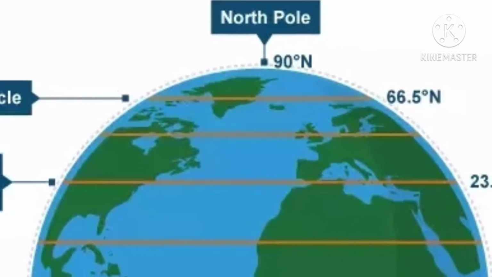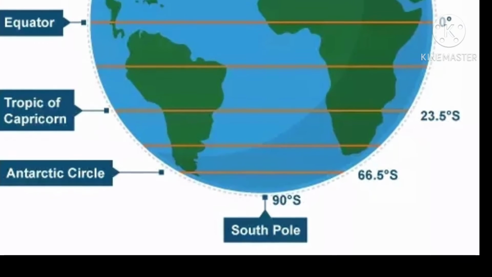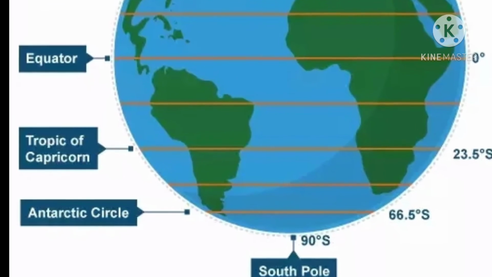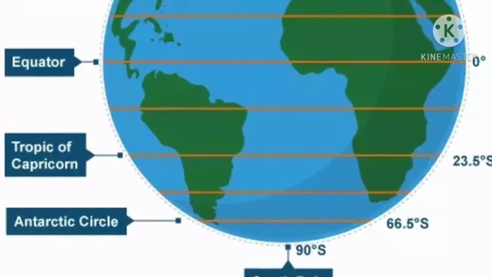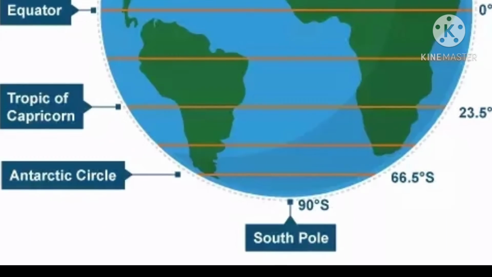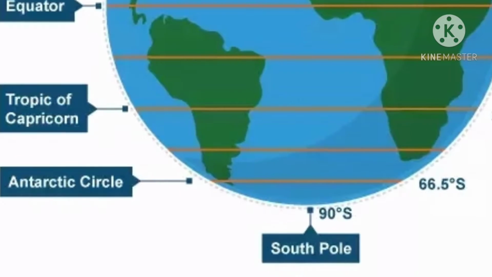At 90 degree north it is the North Pole. Now towards south we have the equator at 0 degree, 23.5 degree south the Tropic of Capricorn, 66.5 degree south we have the Antarctic Circle. At 90 degrees south there is the South Pole.